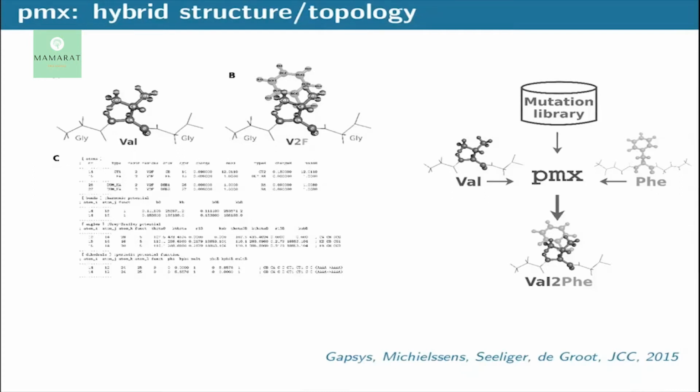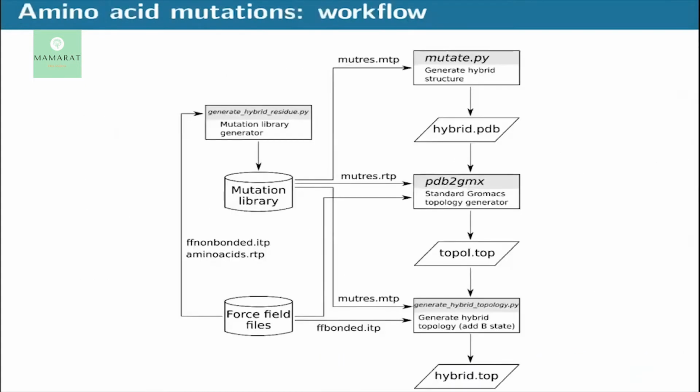So in state A, it has to be valine. In state B, it has to be phenylalanine, and in between, it has to be some linear interpolation between the two of them. So this all is achieved by having PMX make its magic under the hood and provide you with a hybrid structure and topology which you can plug into the simulation engine.